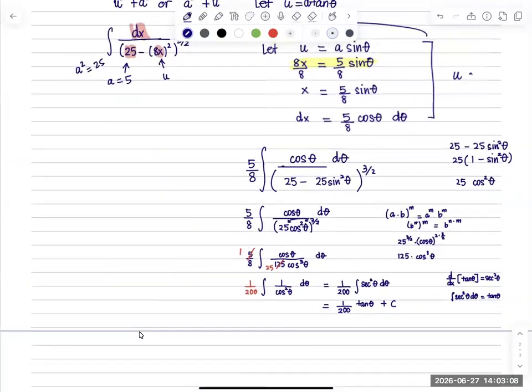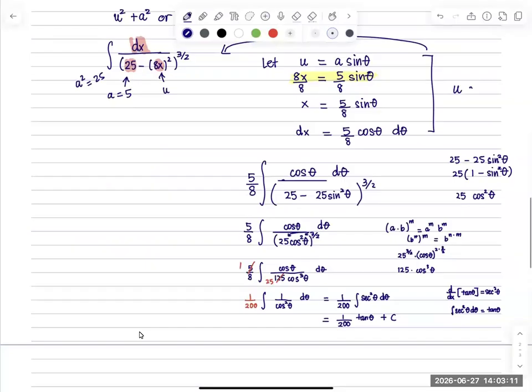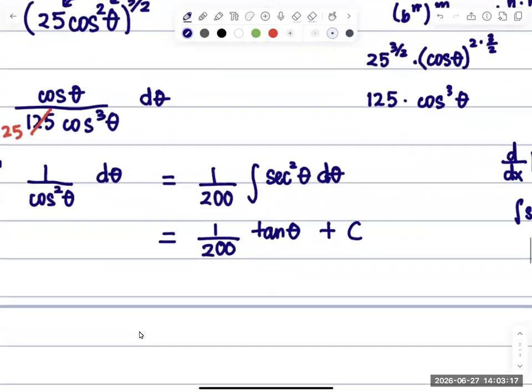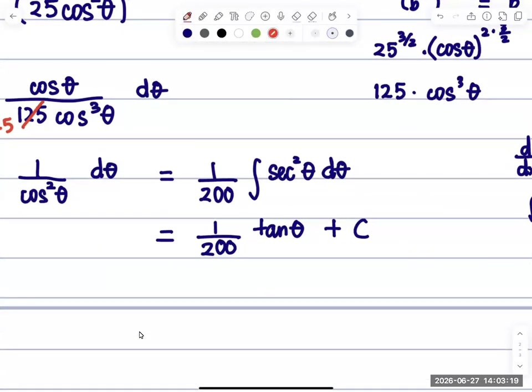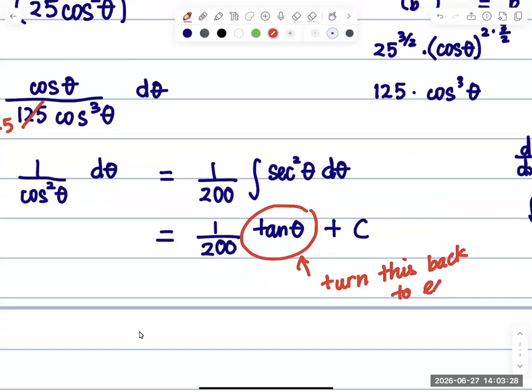So from the very long substitution, we thought we were done with the final result, but no. We now have to turn this back to an expression of x.